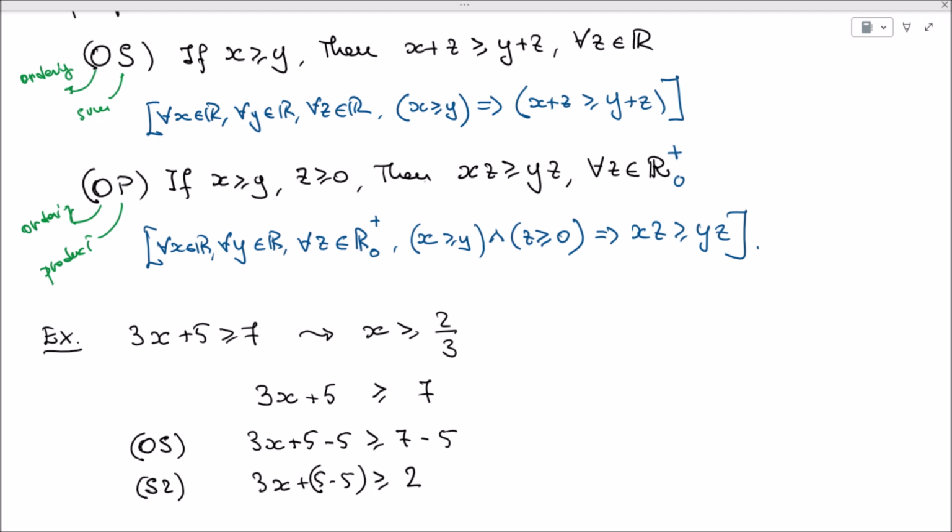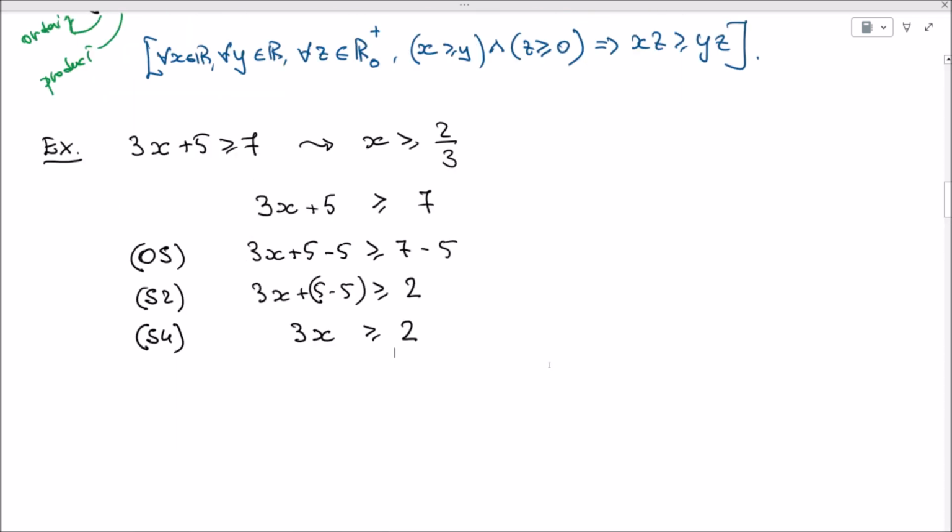And now using the definition of the opposite, which is S4, which defines the existence of the opposite of any real number, minus 5 is the opposite of 5. We know that this is just 3x larger than or equal to 2.